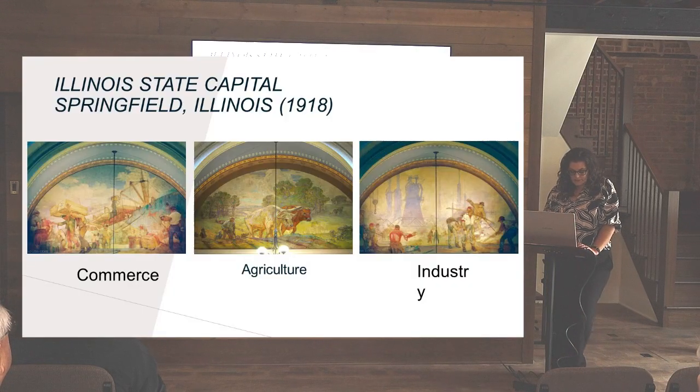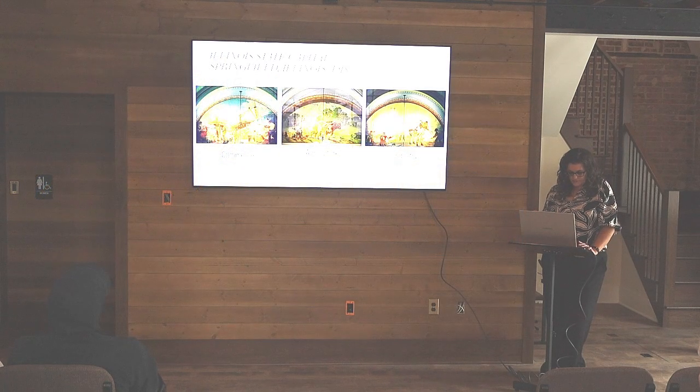These Illinois works exemplify his approach to site-specific integration, where murals served educational and patriotic functions in government spaces. And these were actually restored not too long ago. So these are great examples.